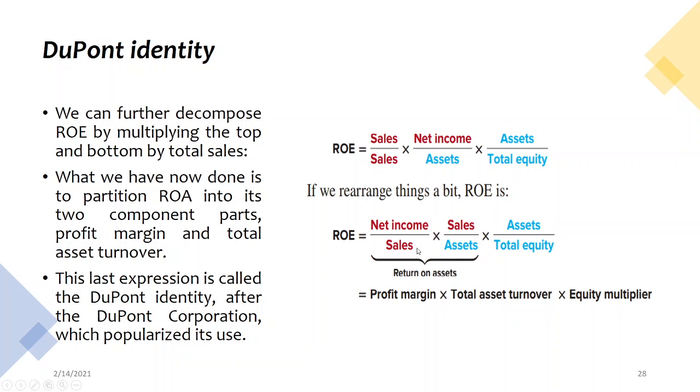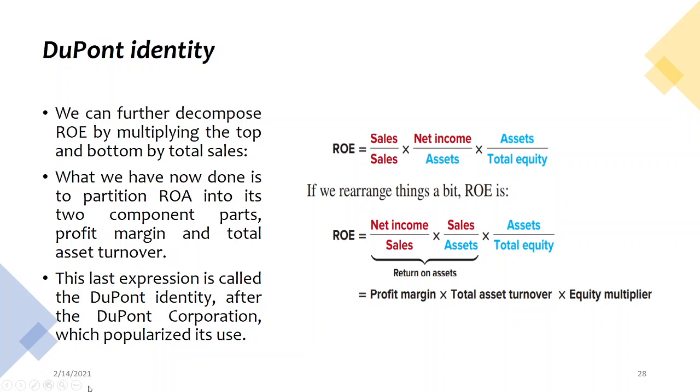That is our formula for profit margin, times total asset turnover, times equity multiplier. So, profit margin times total asset turnover times equity multiplier.